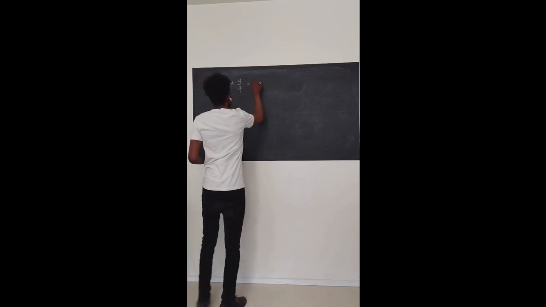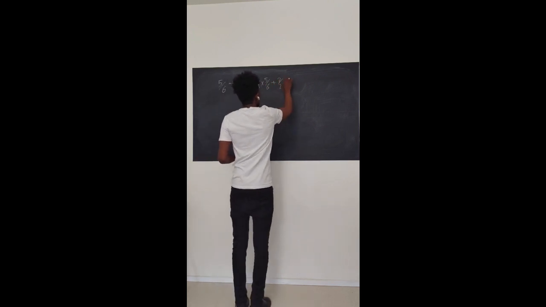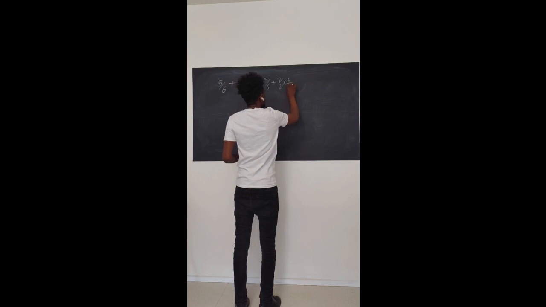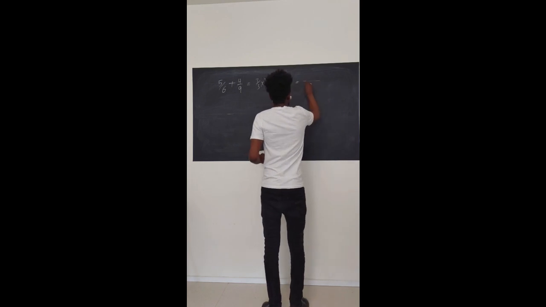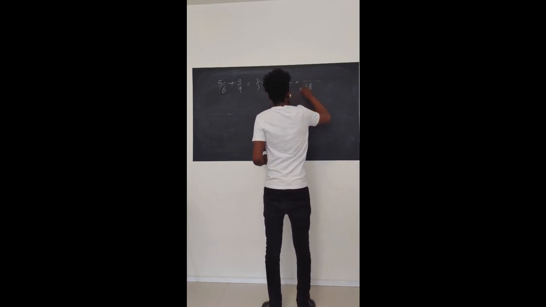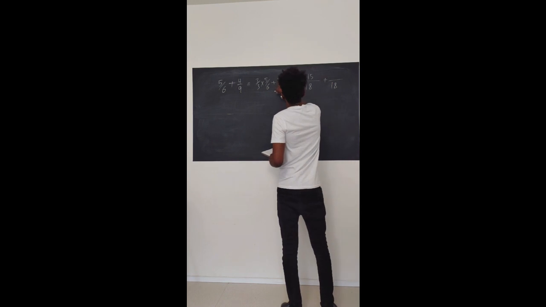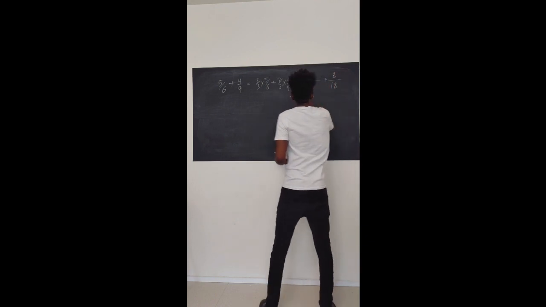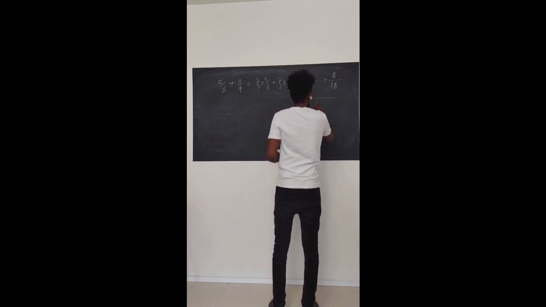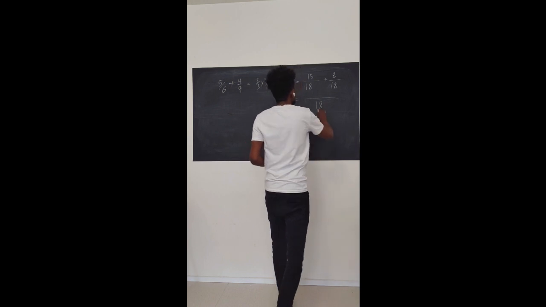So this is equal to 3 over 3 times 5 over 6 plus 2 over 2 times 4 over 9, and this is equal to, here we have 18, 3 times 5, that's 15, plus 4 times 2, that's 8, then we have 18 here, 15 plus 8, that's 23.